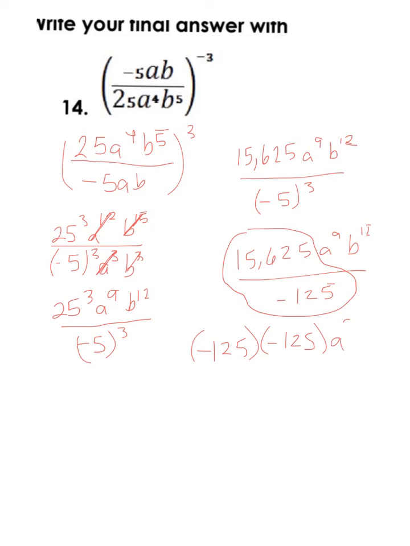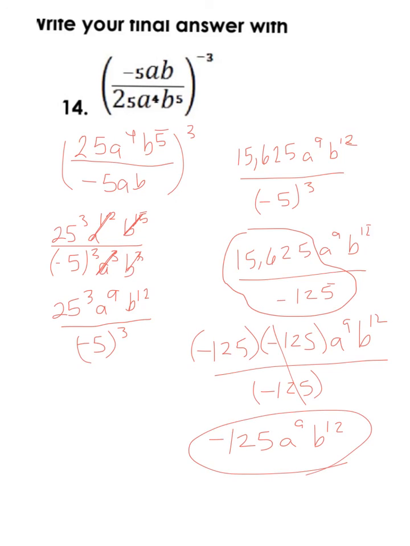And that would be a to the 9th, b to the 12th, divided by negative 125. That allows us to cancel. And so our final answer here should be negative 125, a to the 9th, b to the 12th. Sorry for the error, and that is the correct answer.